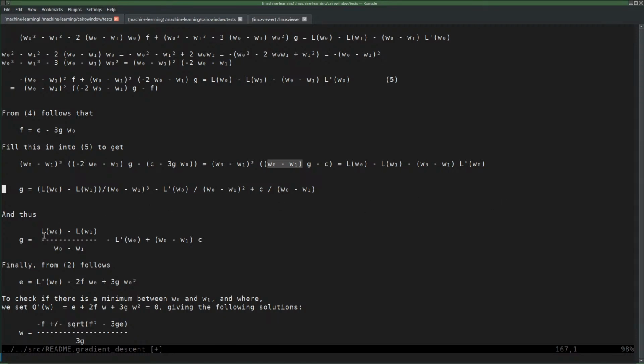Yeah, this is just a factor missing. Let's write this as just dividing by the power of 3.